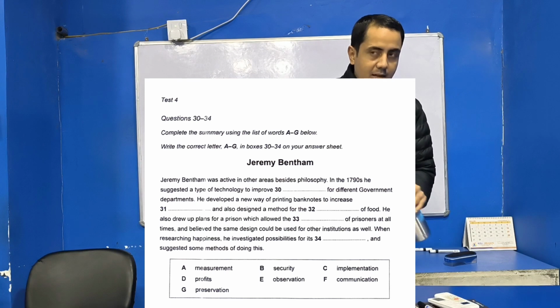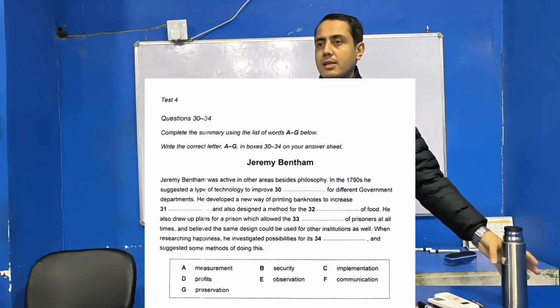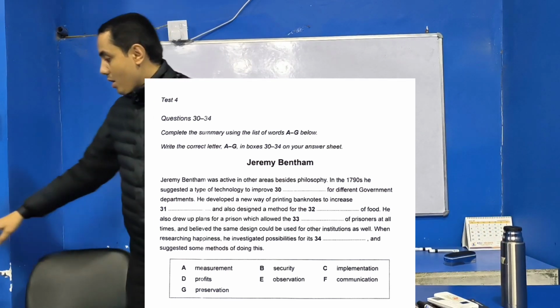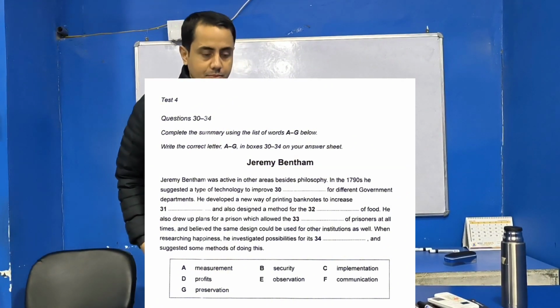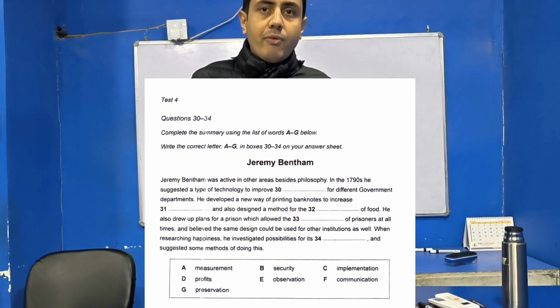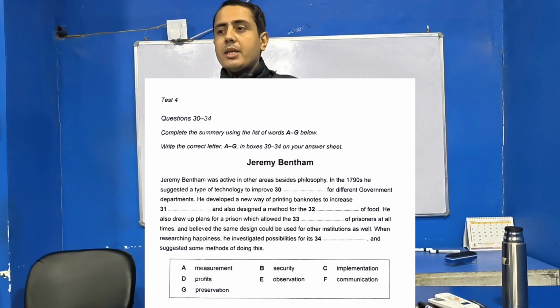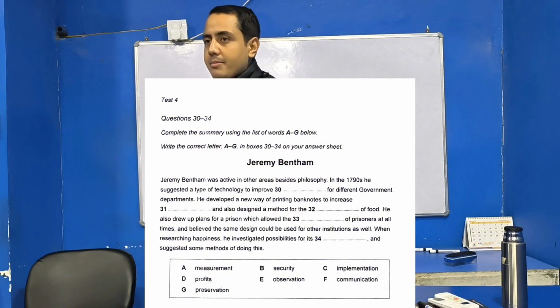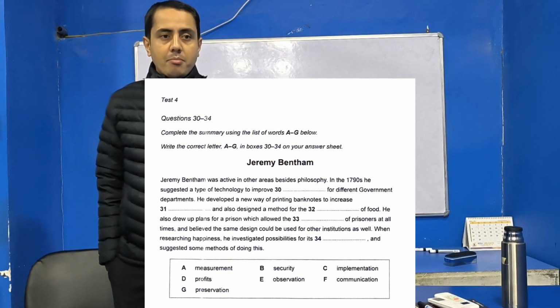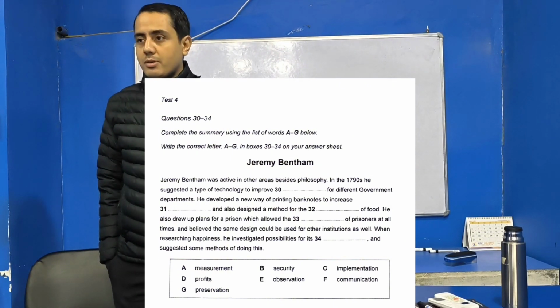Now, this might sometimes make it more difficult than the other kind of question, because in the last question that we did about boredom, whatever word we found, we wrote that word. But here, when we find a word, we have to see if the word is in the options.